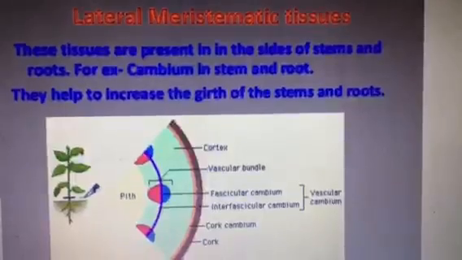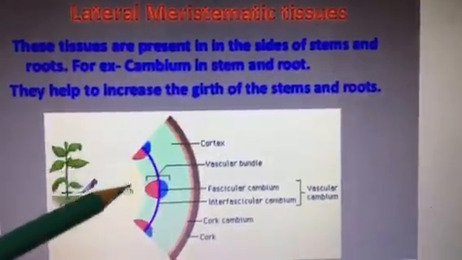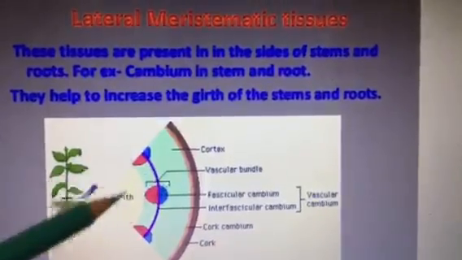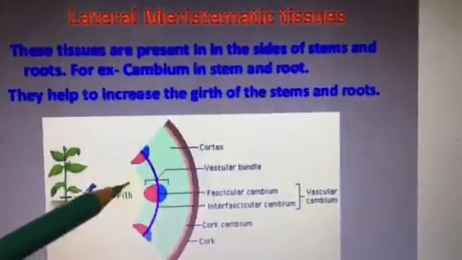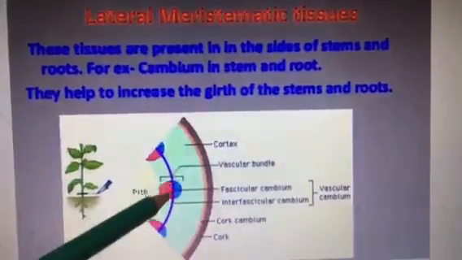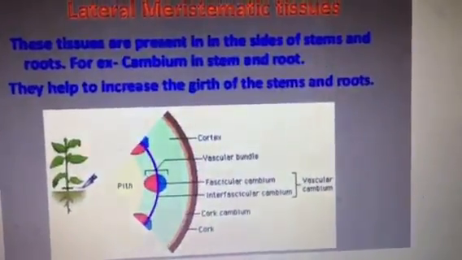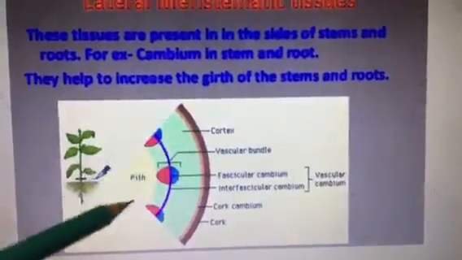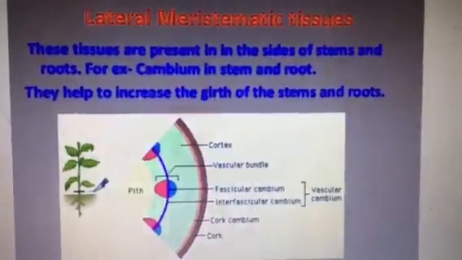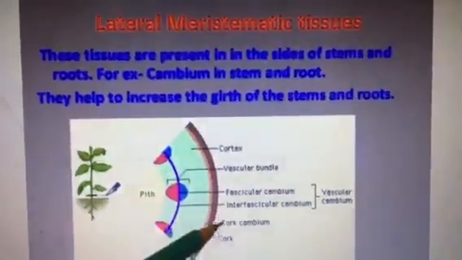Vascular cambium produces xylem, which is towards its inner side, and phloem, which is towards its outer side. This is xylem and this is phloem. Together we call this the vascular bundle. Then there is the cork cambium.